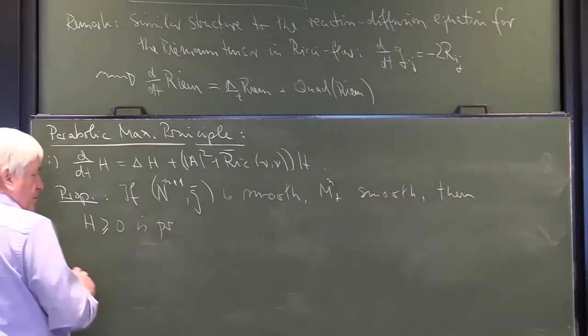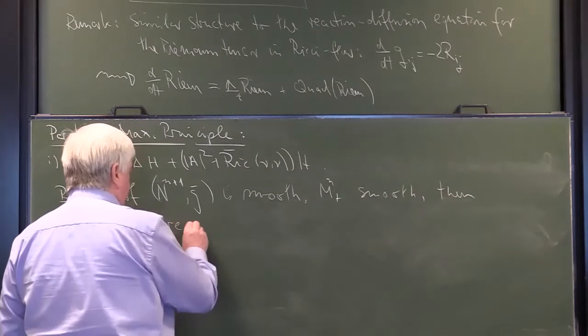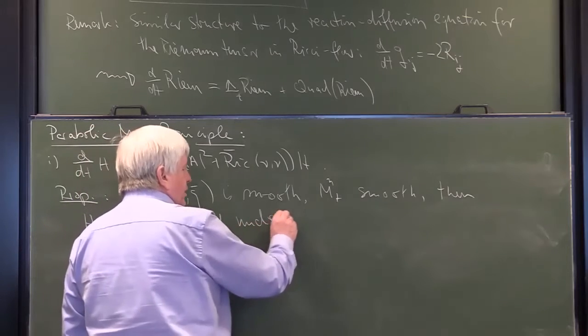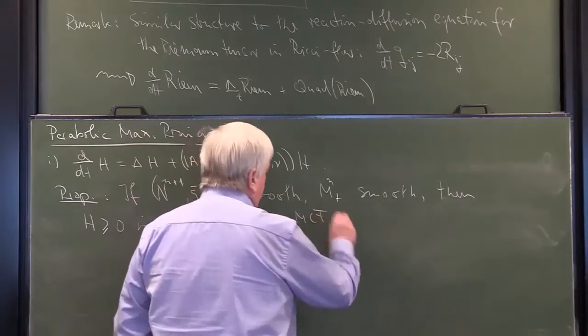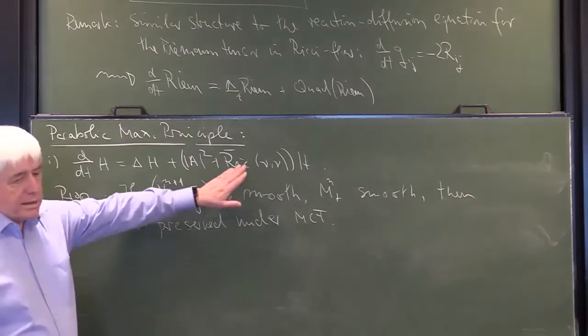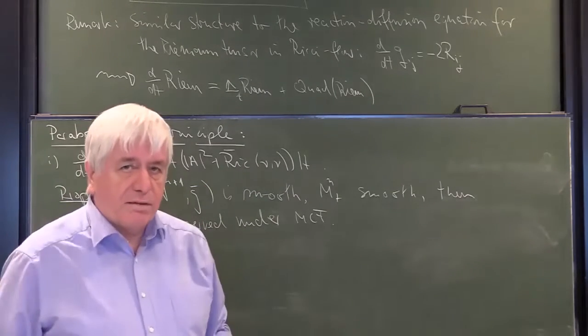In fact, non-negative mean curvature is preserved under mean curvature flow, just by the parabolic maximum principle, completely independently of what the Ricci curvature in the ambient manifold is.